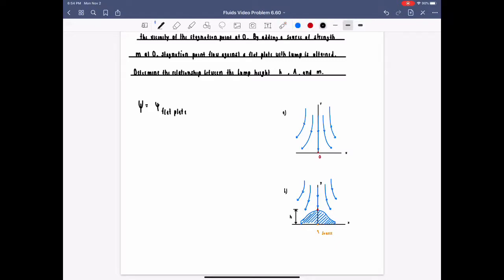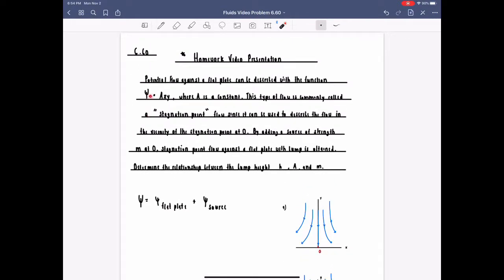So we need to account for that and add that in there. So psi for the source. And we already know the psi function for the flat plate because it's given up here in the problem statement.